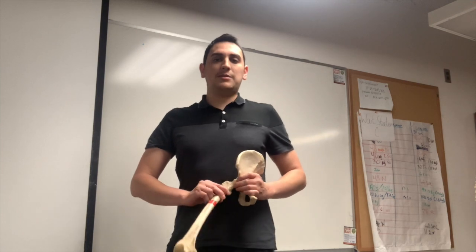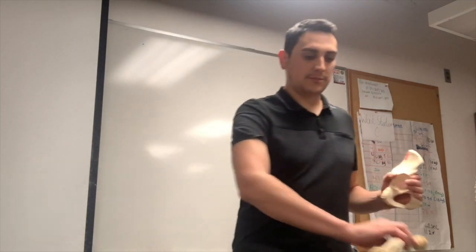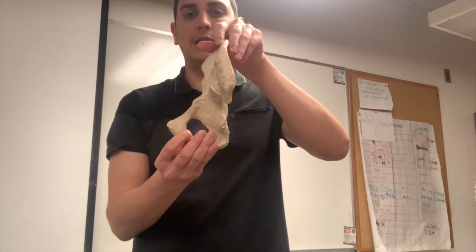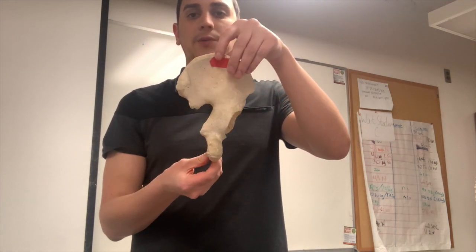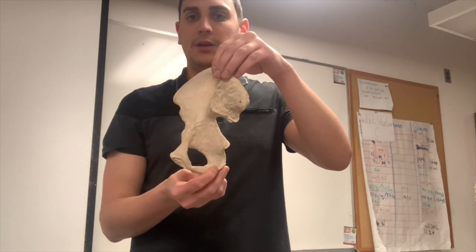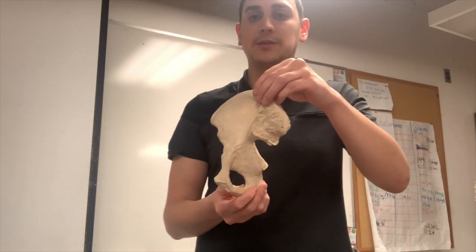If it faced medially, then our thigh would be right in the center of our body. So with that said, is this a left or a right os coxa? You got it. This is a right os coxa.